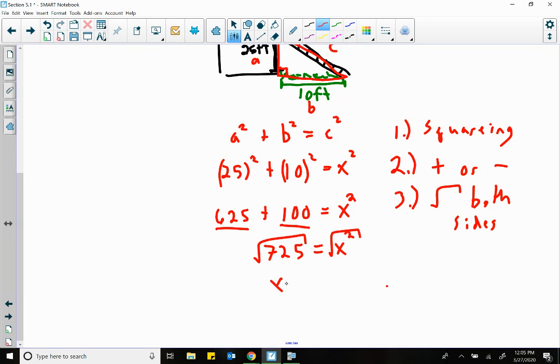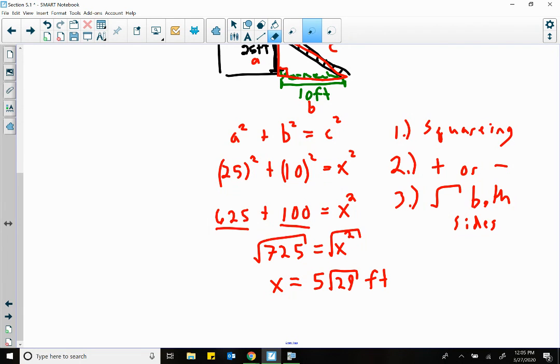So X is equal to, now normally I would have you give me the exact answer, but because this is a real world problem, if you got the exact answer to this, it would be 5 square roots of 29 feet. That is the real exact answer because we would break down that square root of 725.